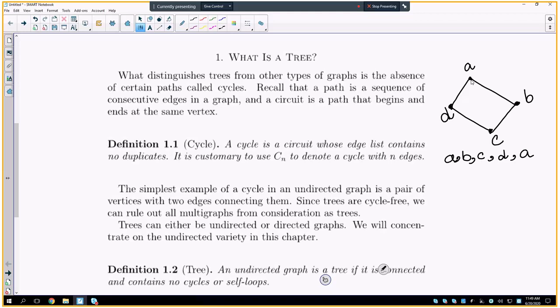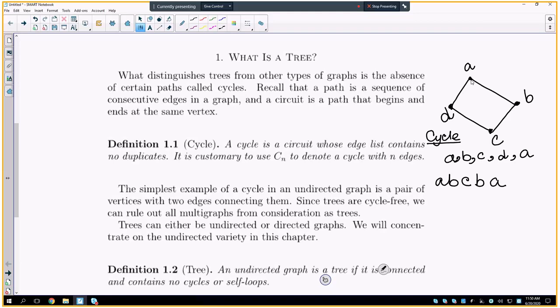For example, this one is a cycle, as we have talked about already. What is not a cycle in the same graph? Remember, if I had done A, B, and then from B I went to C, but then from C I went back to B, and I went back to A. In that situation, B is an intermediate vertex that has been repeated, and it's no longer a cycle, even though this is a sequence of consecutive edges, which is going to be a circuit.